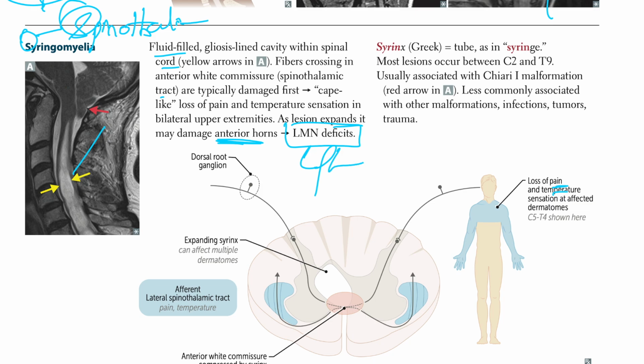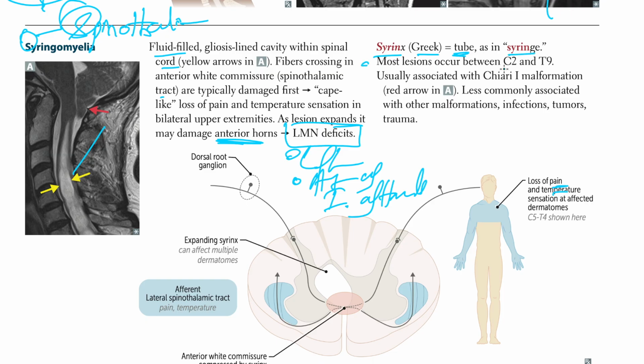So the patient will come with flaccid paralysis and atrophy of the intrinsic muscles of the hands. And syrinx is Greek for tube, as in syringe.